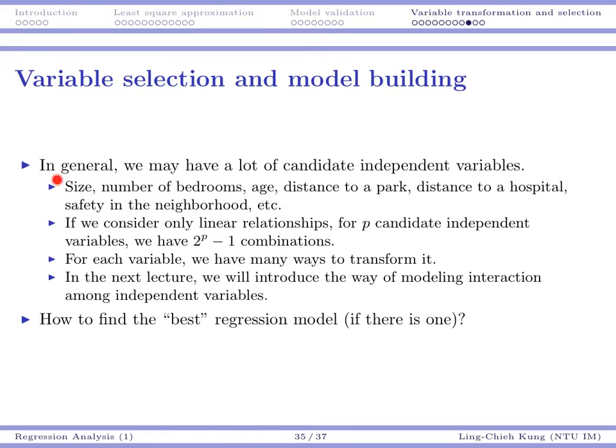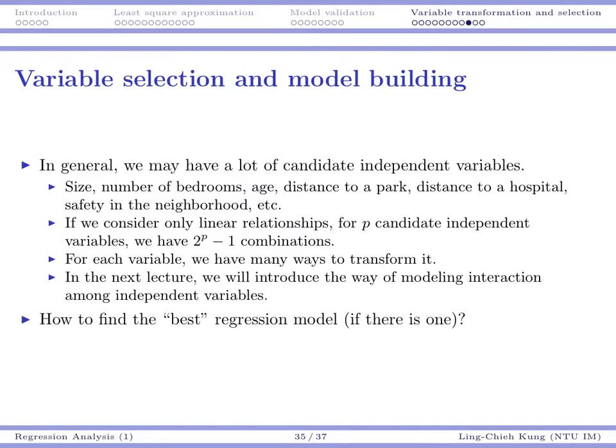Okay, so in general, we may have a lot of candidate independent variables: size, number of bedrooms, age, distance to a park, distance to a hospital, safety in the neighborhood, etc. If we consider only linear relationships, the task is still difficult, because if we have p candidate independent variables, for each variable we may include it or not, and at least we need to include one.